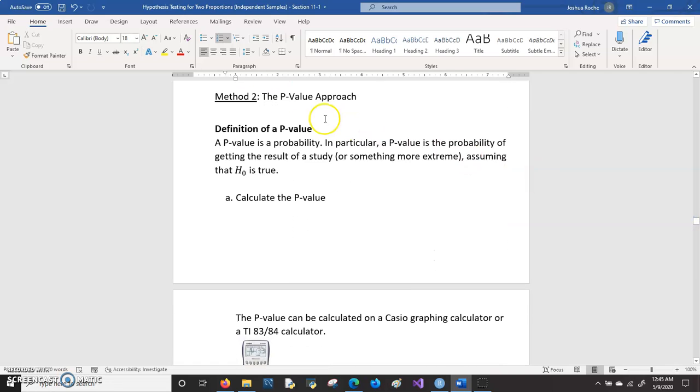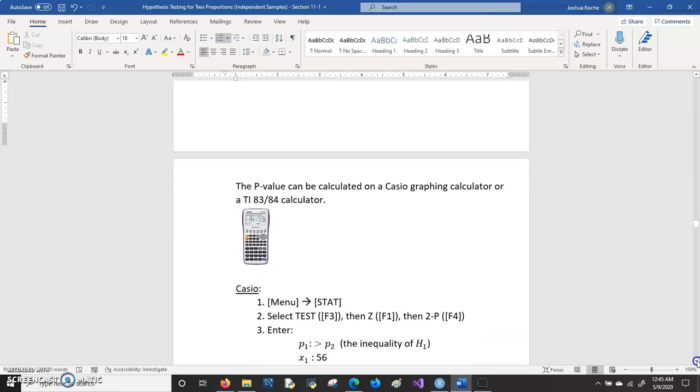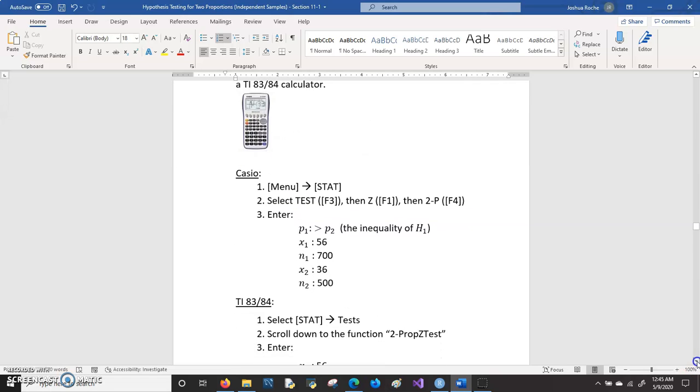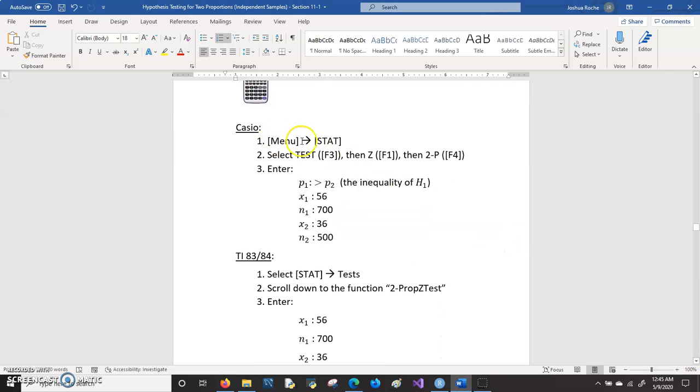So here's method 2, the p-value approach. To calculate the p-value, you would want to use a graphing calculator. On the Casio graphing calculator, you would take these steps: go to your stat window, choose test, which is F3, then choose Z, which is F1, and then choose 2P, which is F4.